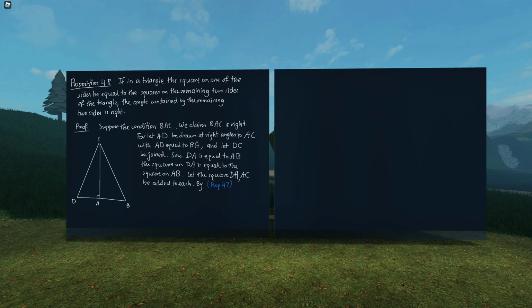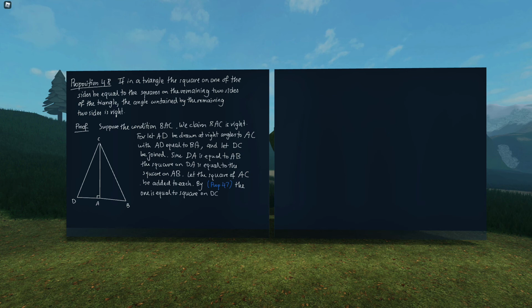Let the square of AC be added to each. By proposition 47, this is equal to the square on DC.